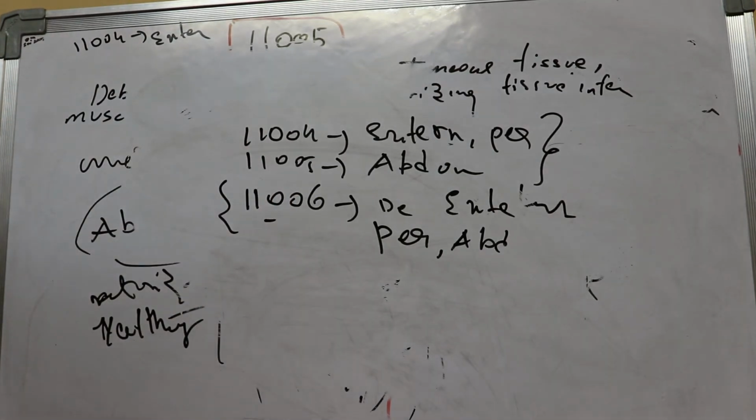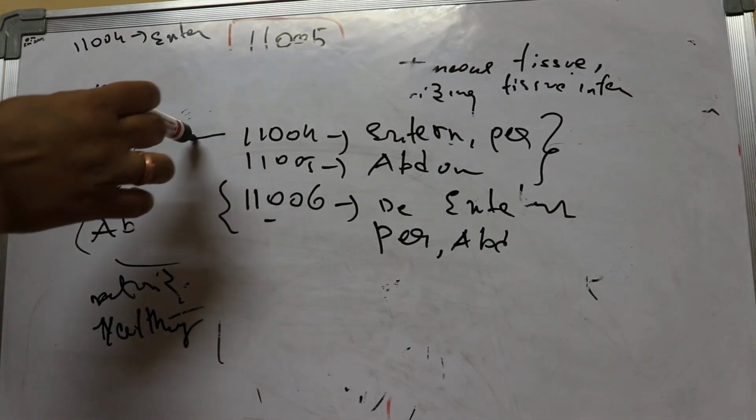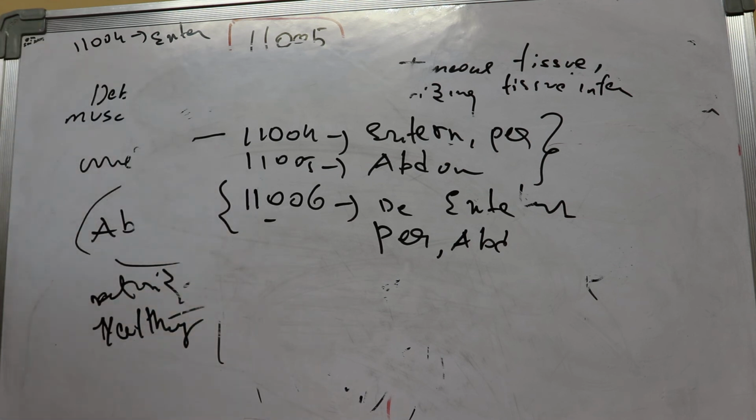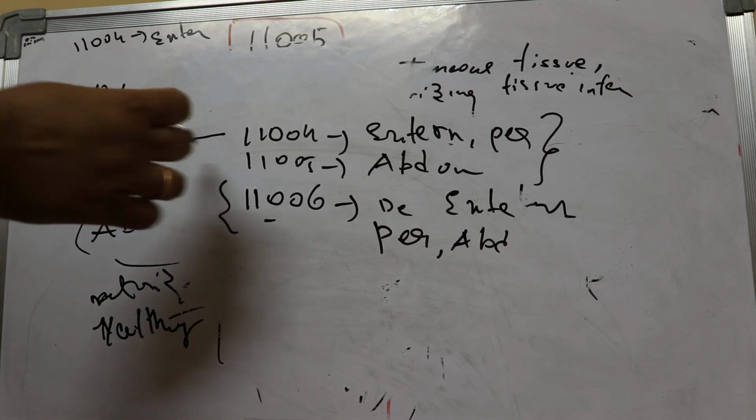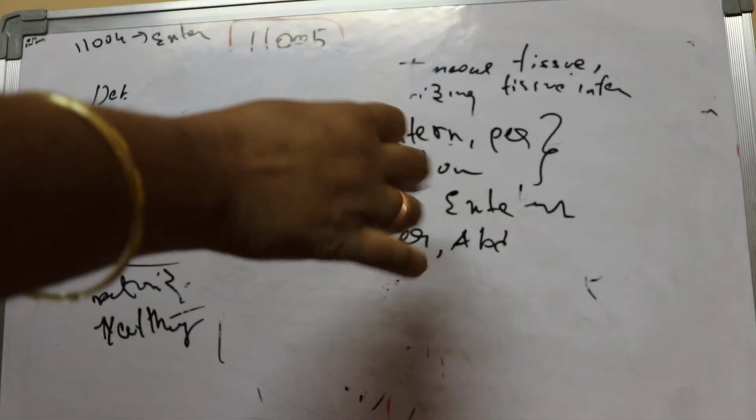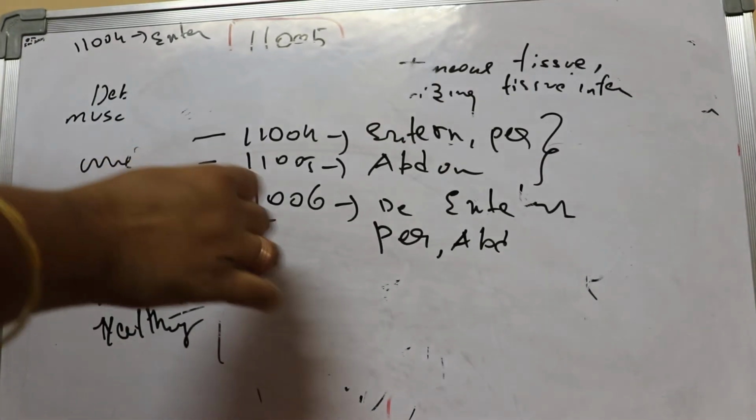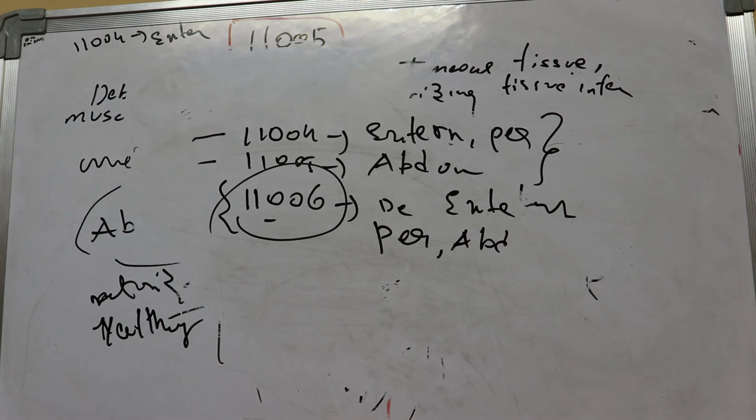If it is exclusively for external genitalia or perineum, only 11004 we have to code, and exclusively for the abdominal wall we code 11005. If all three are performed on a patient, only one single code, 11006, is enough.